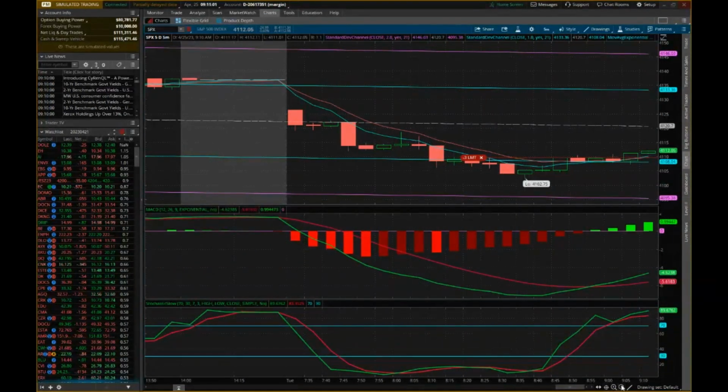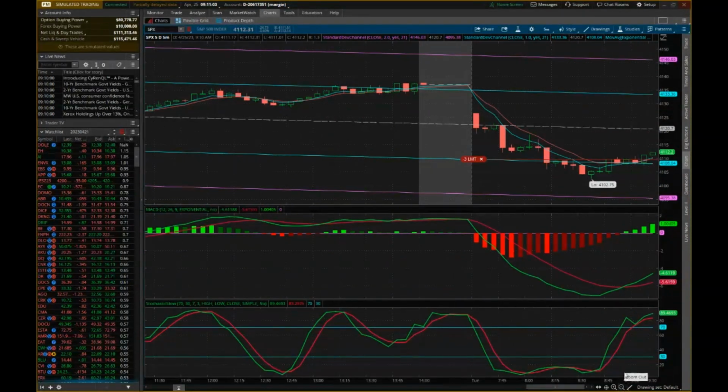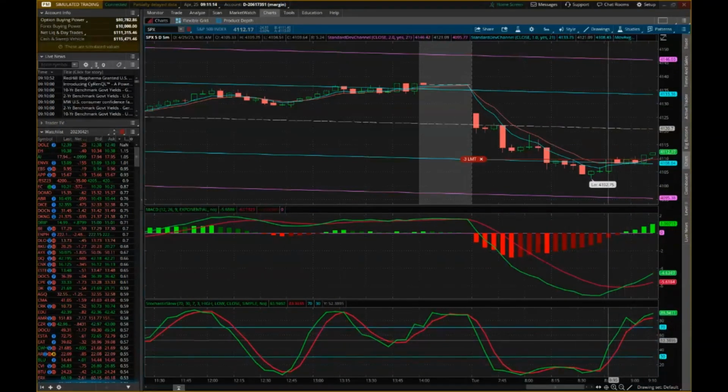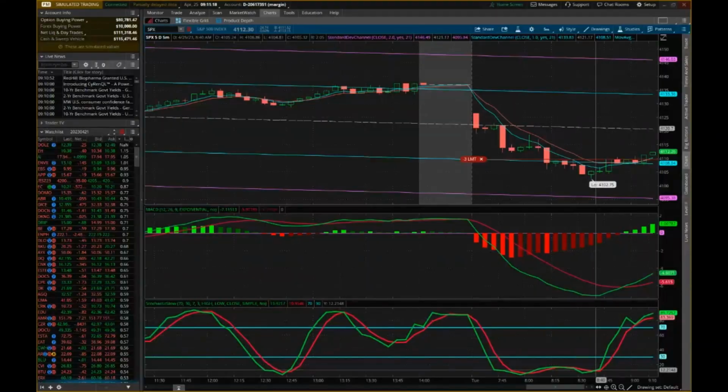So if you're not sure what to do in this case, my thought would be to wait until the stochastic is once again in the oversold territory for entering your bull put spread.